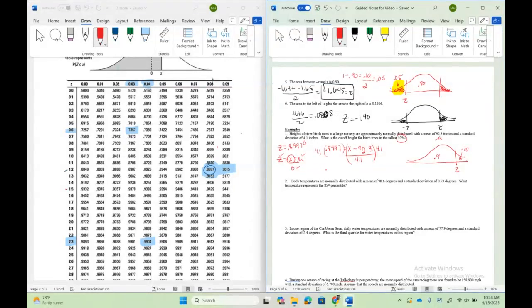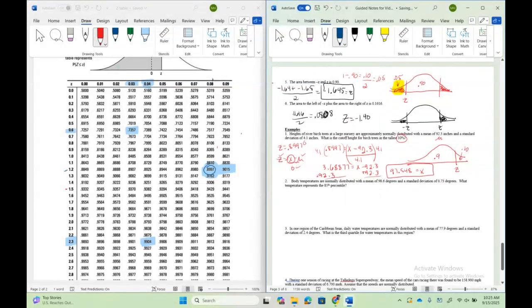When I multiply, I get 3.68877, and this equals x minus 92.3. Then I add 92.3 to each side, and my final answer is 97.548, and that is my x value, or the height I'm looking for.